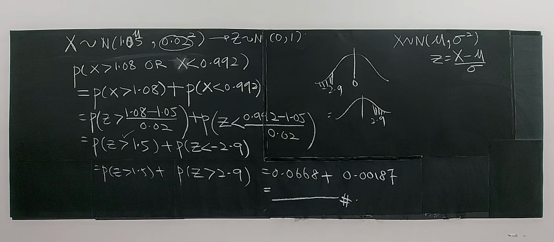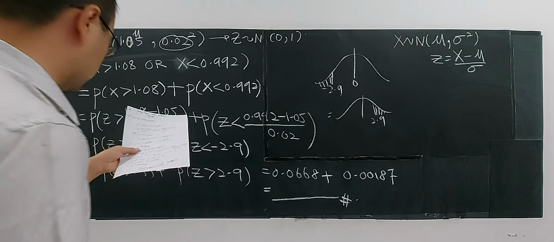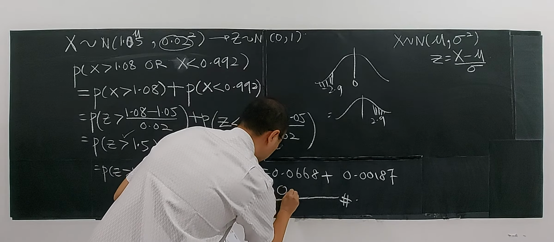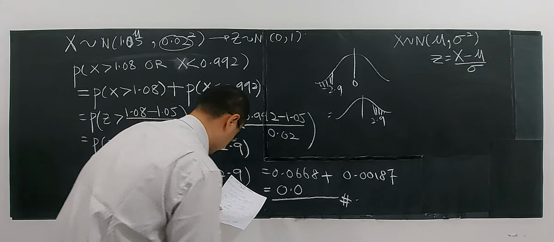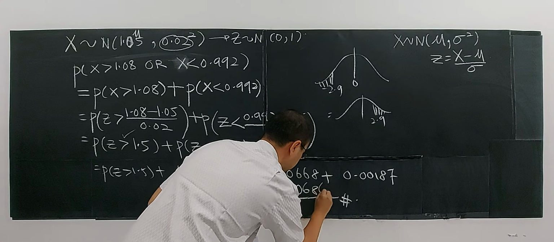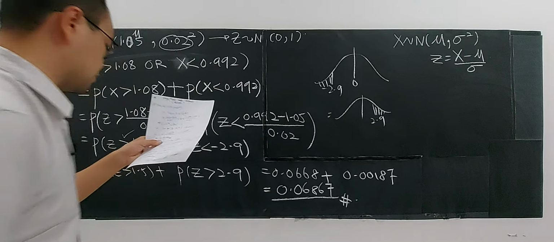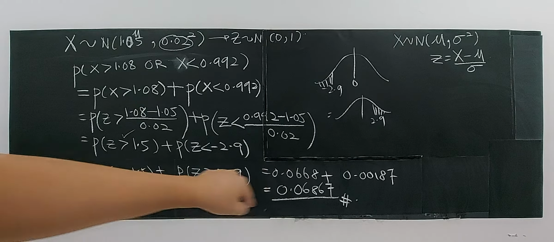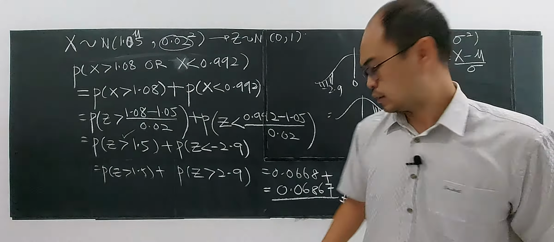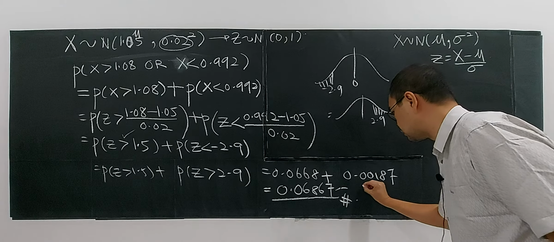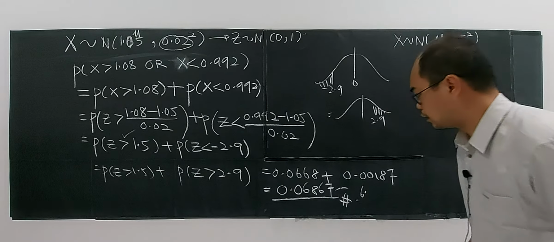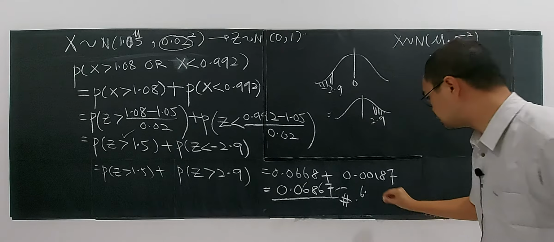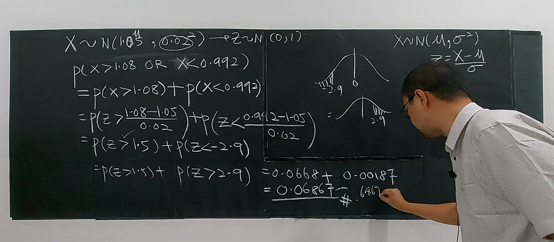This gives the value of 0.06867, which is 6.867%.